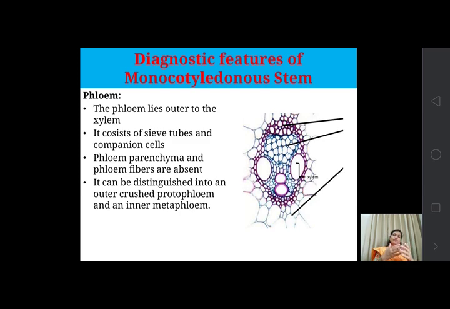Again in phloem there is protophloem and metaphloem. So this is just the overall quick look at the internal structure of the monocotyledonous maize stem. This is how we can differentiate the dicotyledonous stem from the monocotyledonous stem.